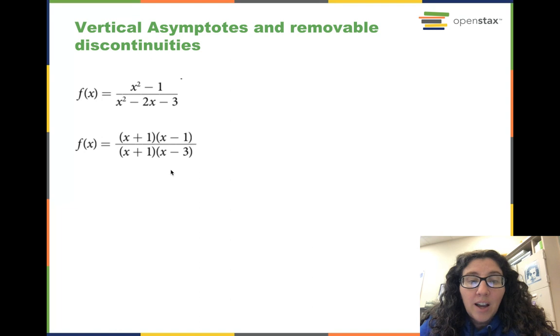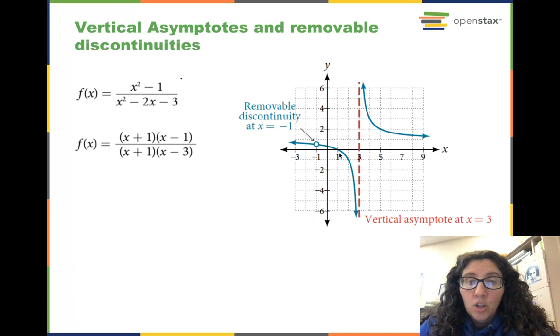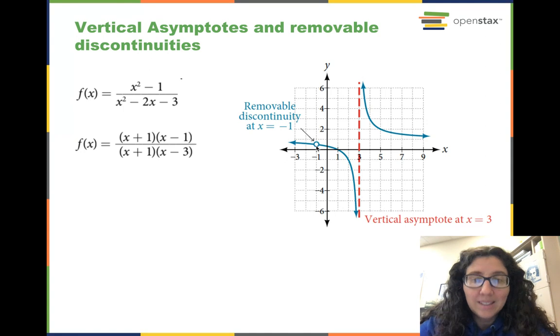For this factor in the denominator, at x equals 3, I can't get rid of that. There's going to be a vertical asymptote there. So sure enough, at x equals 3, we see this red line. There is a vertical asymptote. And at -1, there's a removable discontinuity, which is just a little hole in the graph. The graph just keeps going merrily on its way like you'd expect. There's just one infinitely small point exactly at -1 where the graph is not defined, where the function is not defined.